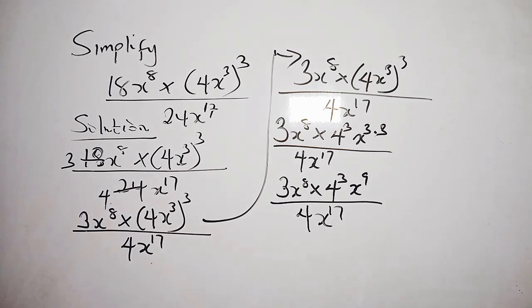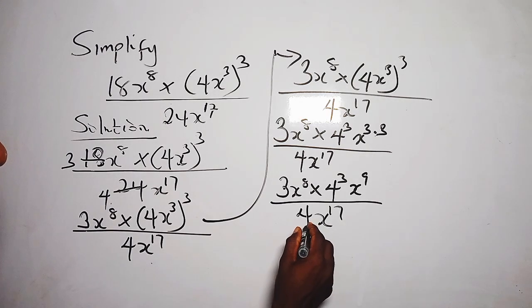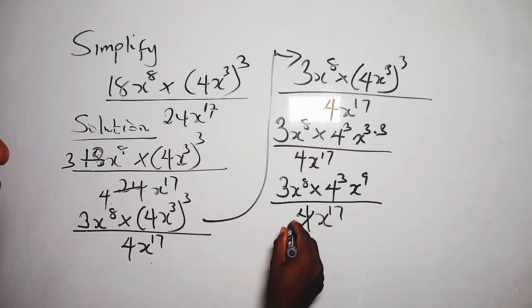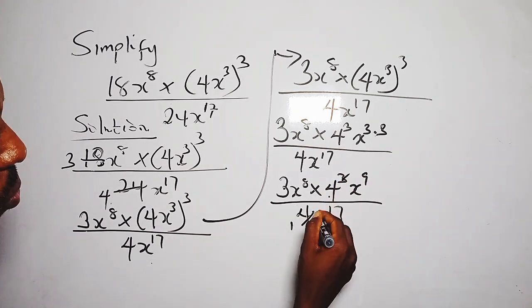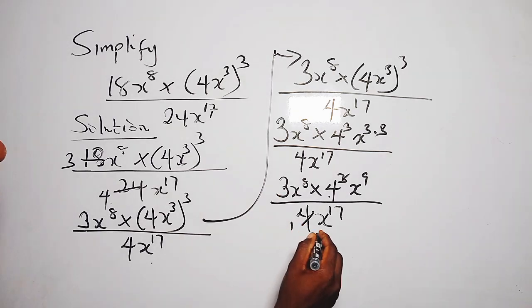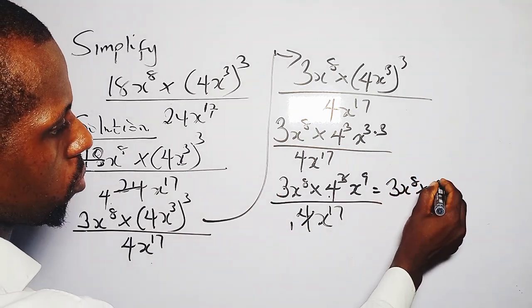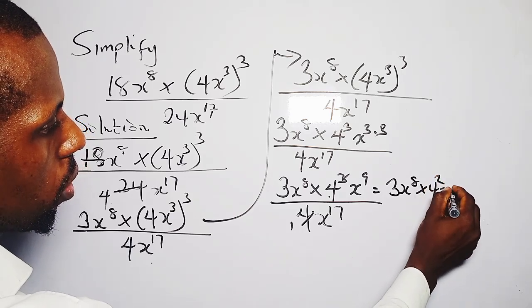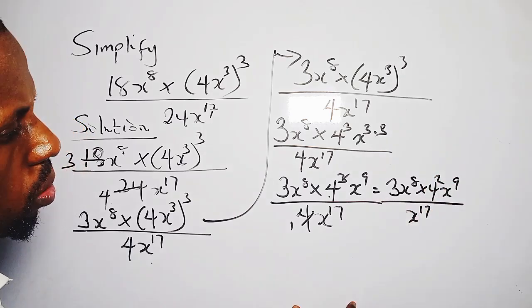Now we can make the work look easier. 4 raised to the power 3 is 4 squared, so we have 3x raised to the power 8 times 4 squared x raised to the power 9, divided by x raised to the power 17.